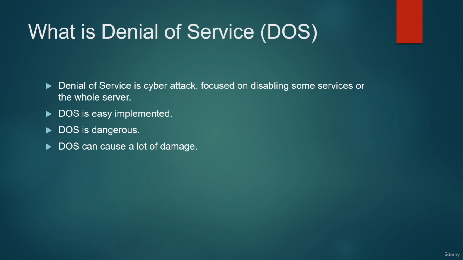So the denial of service attack is just that: blocking traffic, blocking a connection, and it's mainly attacking web servers on specific ports. The bad thing about that attack is that it's amazingly easy to implement, amazingly easy to cause damage and shut down servers, and it's very, very dangerous.